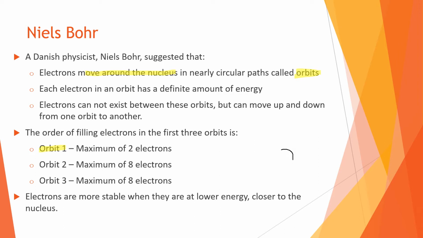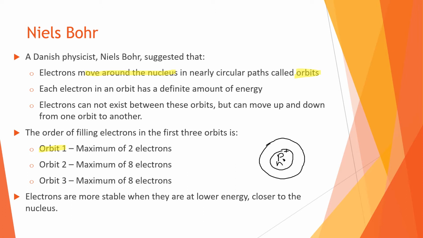But this first circle, guys, that's just going to represent the nucleus of an atom. And we know that in the nucleus, we put the protons and we put the neutrons. That's the nucleus. This would represent the first orbit of an atom. So that first orbit can only contain 2 electrons.